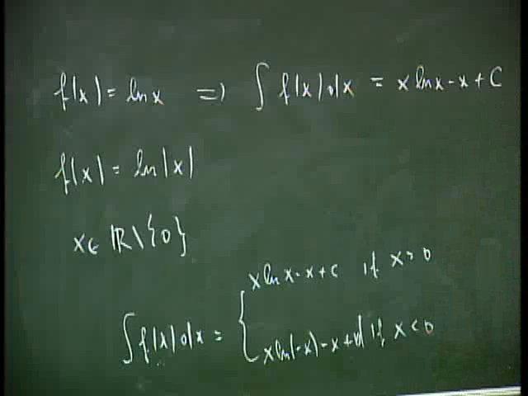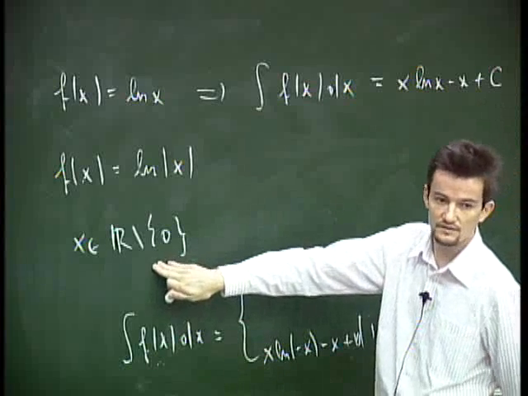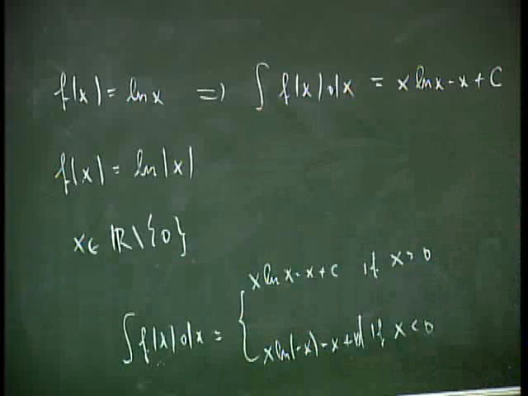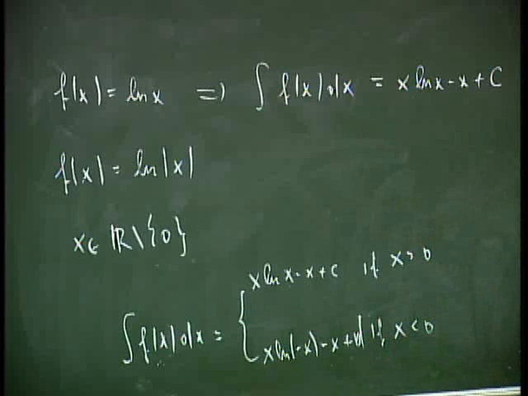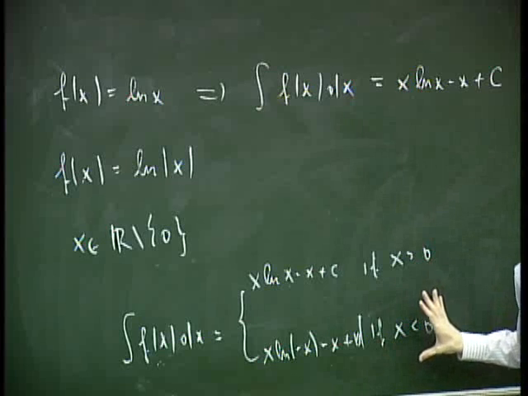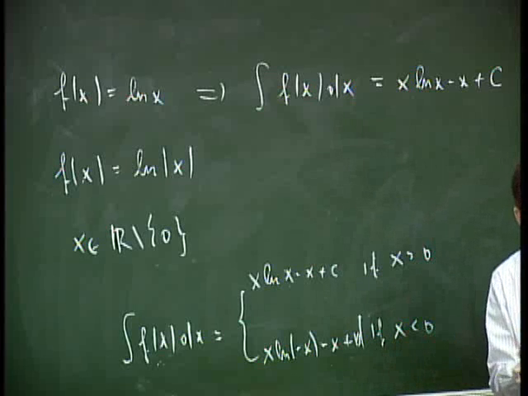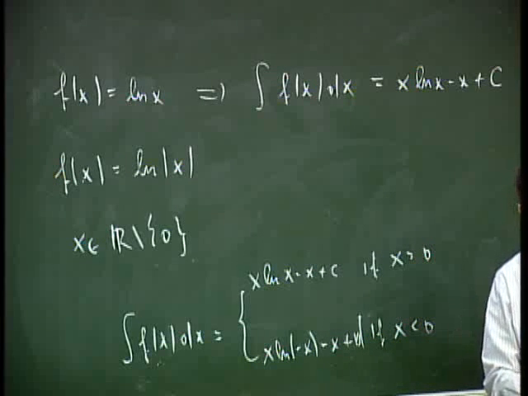But if the domain is the largest possible domain, then for all antiderivatives, you have to divide into x larger than 0 and x smaller than 0. The reason is that we know if the derivative of two functions is the same, the two functions just differ by a constant.